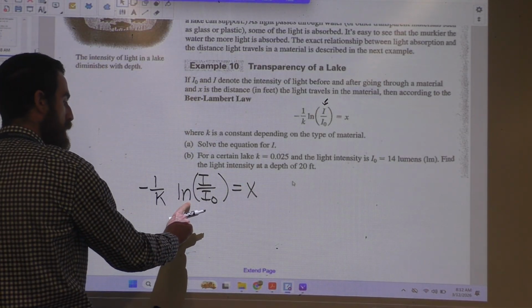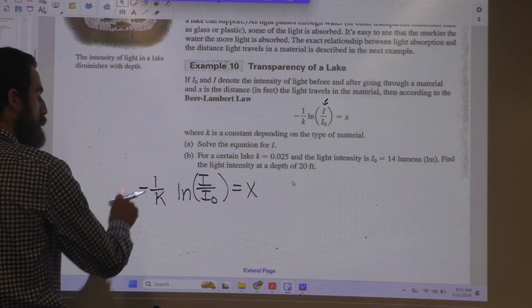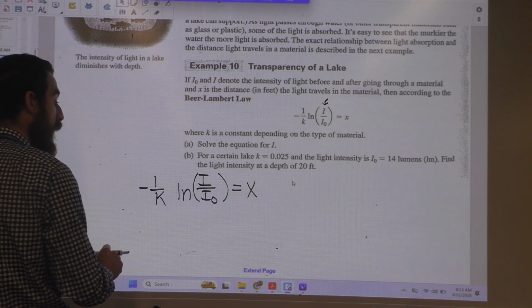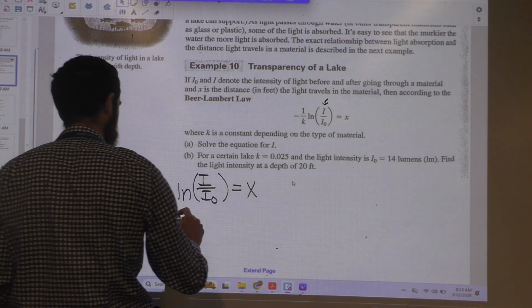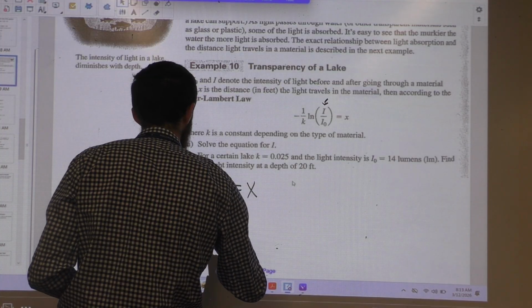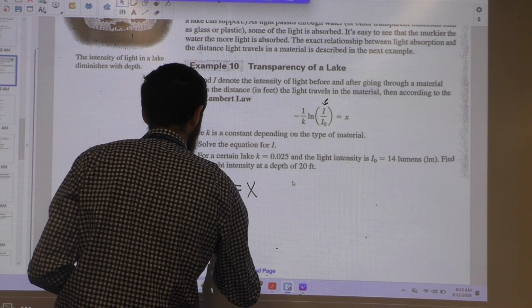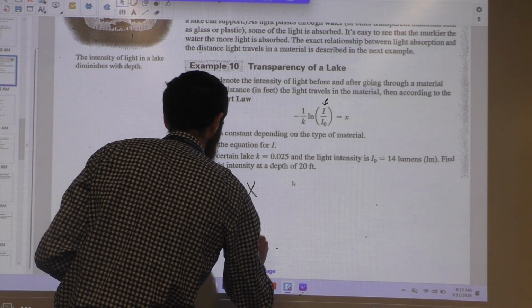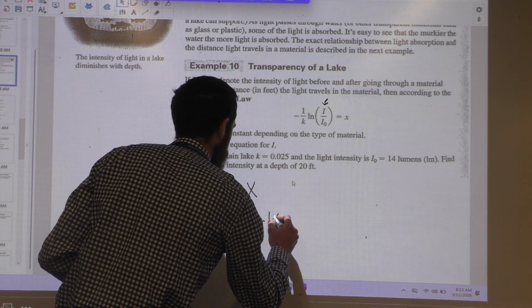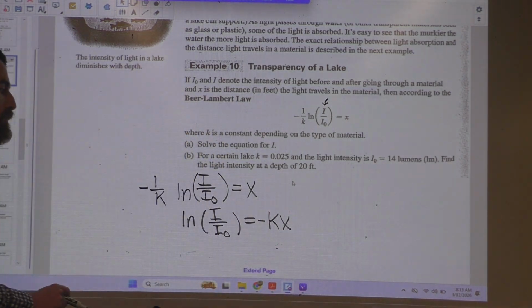I'm trying to isolate the logarithm first. I will do that by multiplying by negative k. I want to cancel this negative and this k. And I get ln of I over I0 equals negative kx, right?